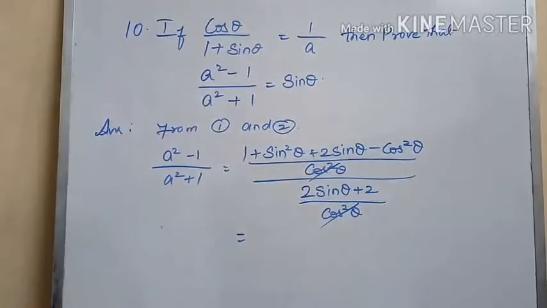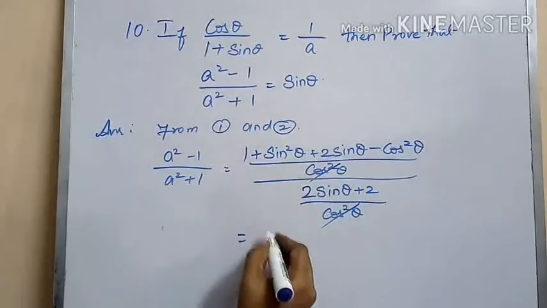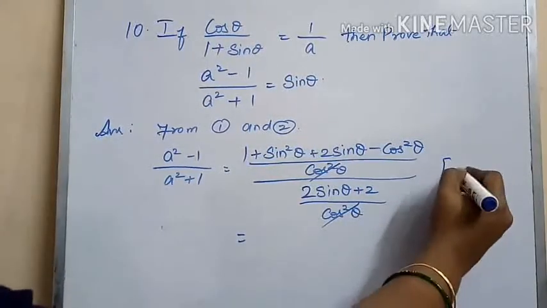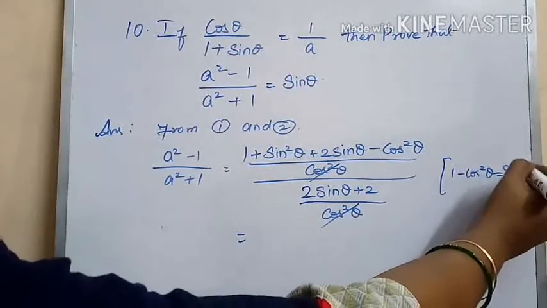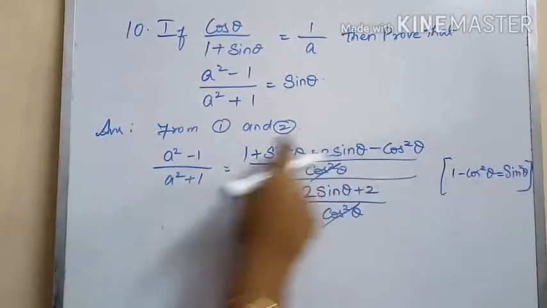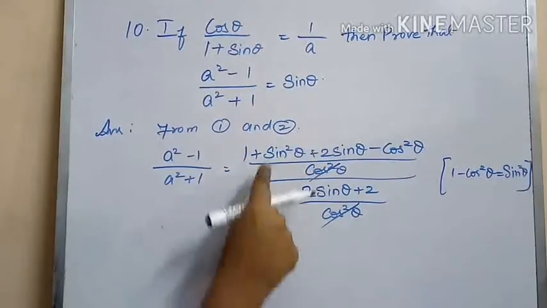So we can cancel cos squared and cos squared. 1 minus cos squared can be written as sin squared theta. It's an identity. So we have sin squared theta here.